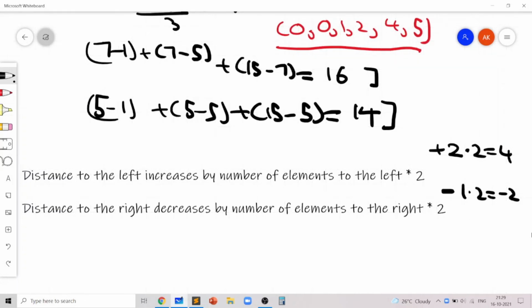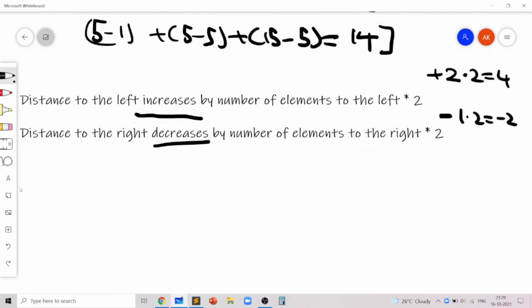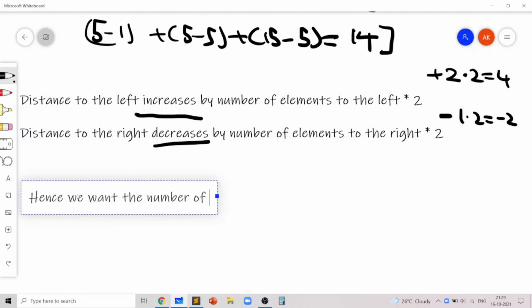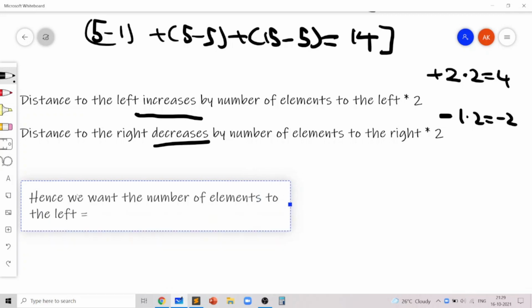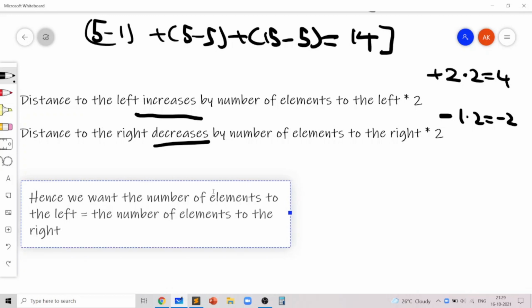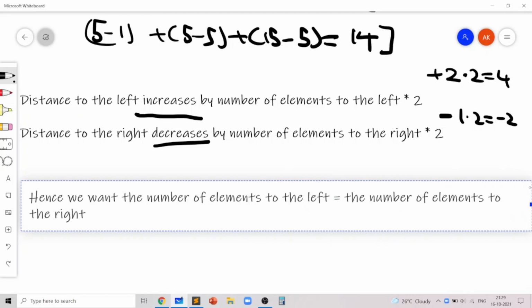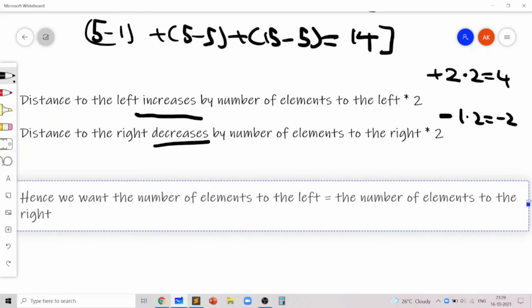Now in general, when we want these two to cancel out, when we want them to be equal, we want the number of elements to the left to be equal to the number of elements to the right. That's when the net negative result will be equal to the net positive result.